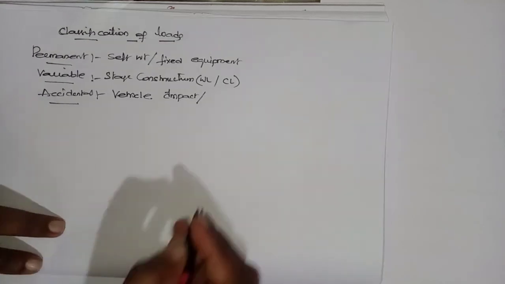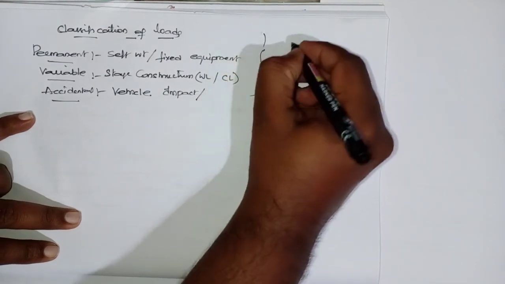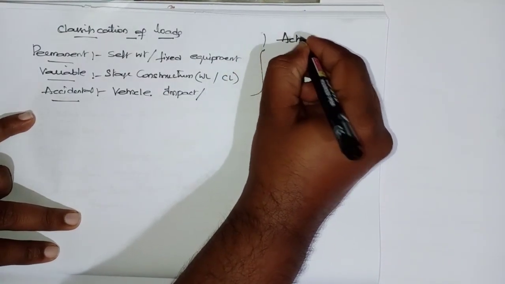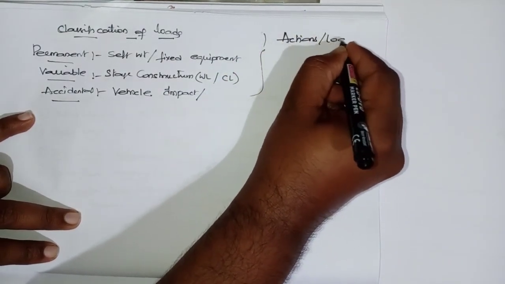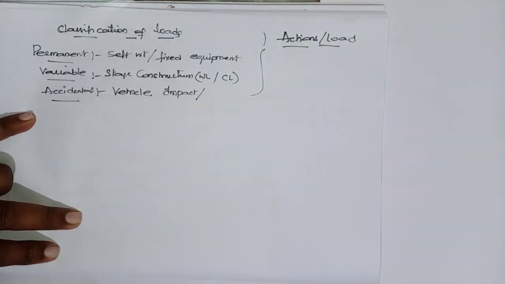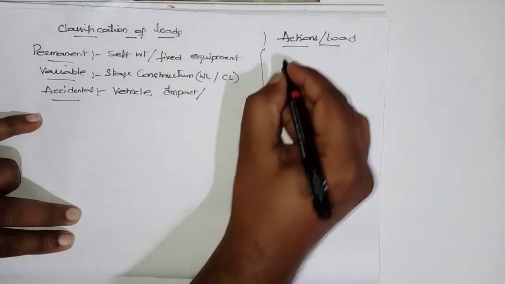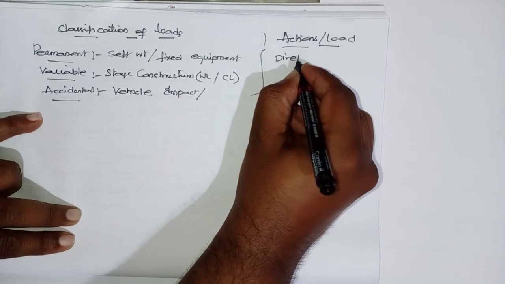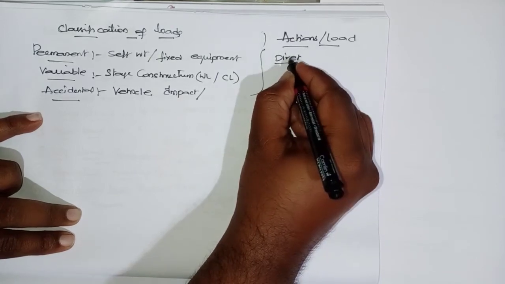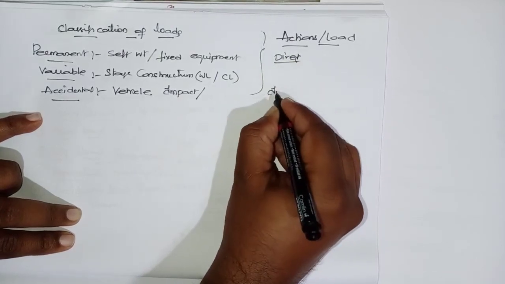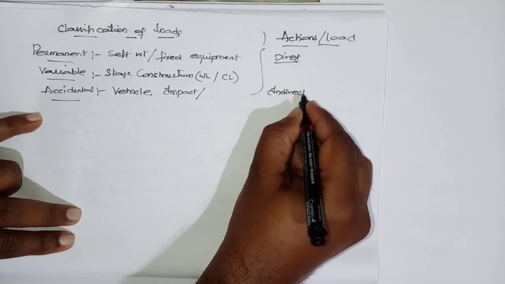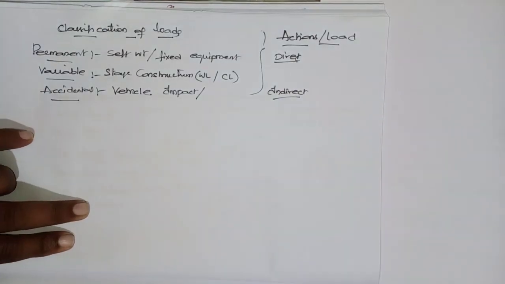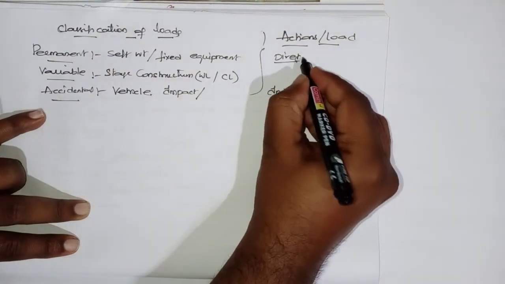Now here, in the case of steel we call loads actions. Both are nothing but the same. What are direct actions and indirect actions?